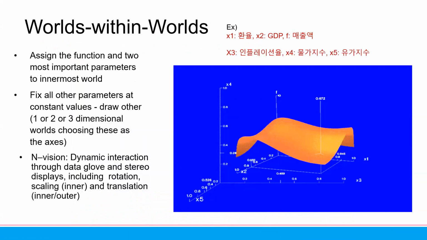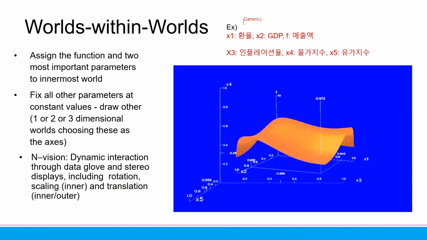We can make the worlds within worlds. Let's say we have x1, x2, x3, x4, x5, etc. The x1 is one new currency, the currency rate.